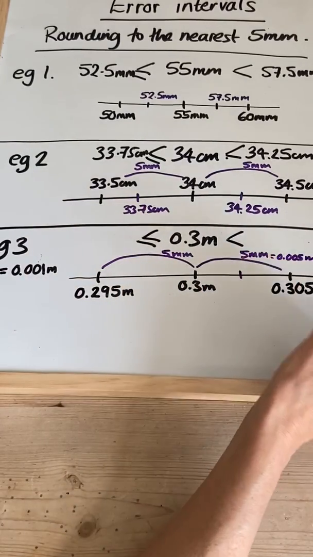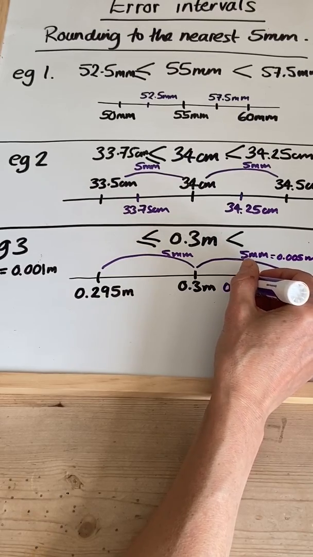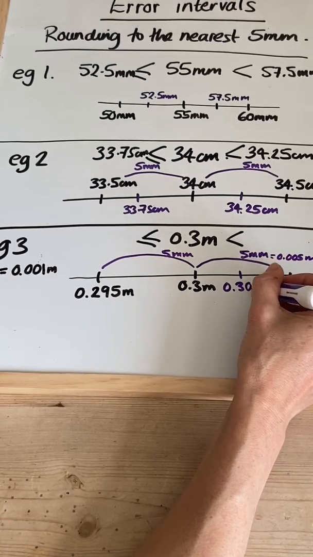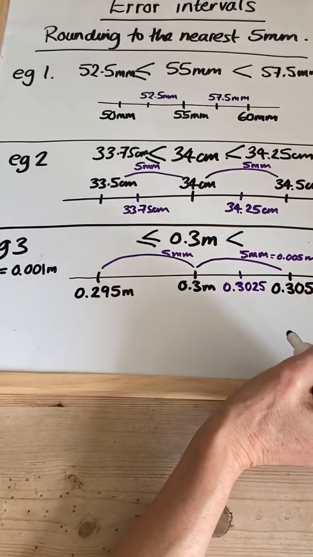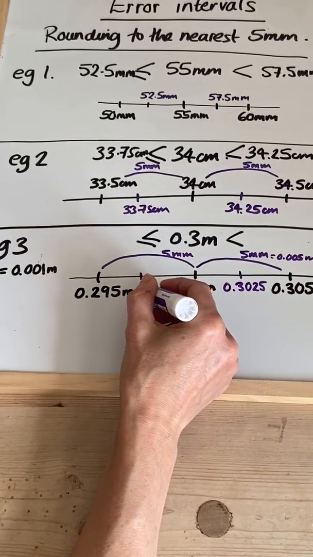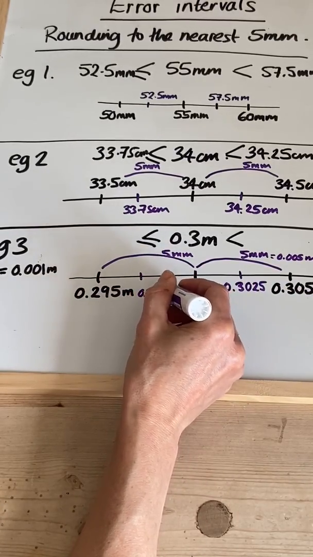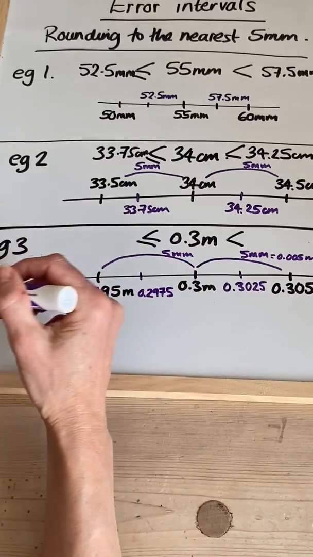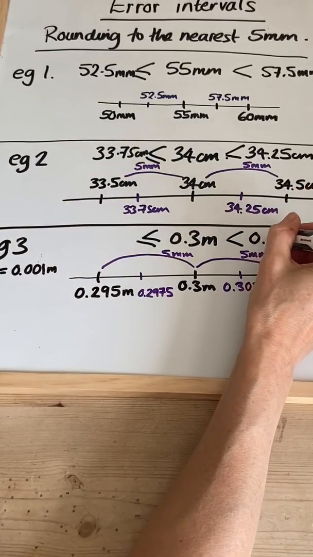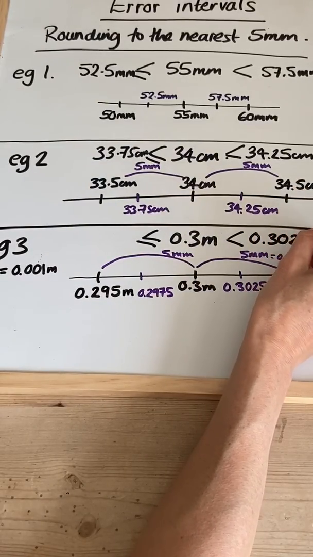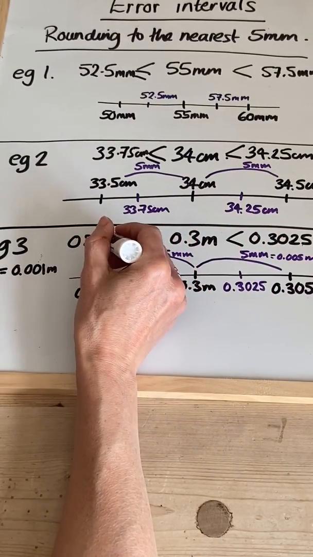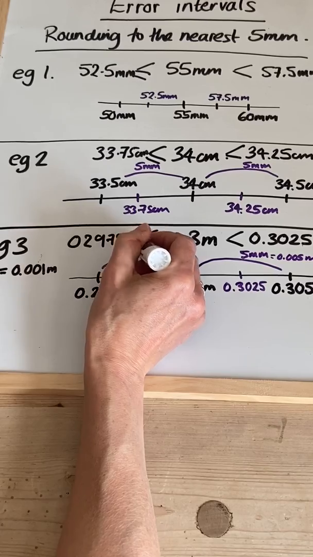So my halfway point here is going to be at 0.3025, and my halfway point of this one here is going to be at 0.2975. Quite a lot harder as you get to more decimal places, isn't it? So 0.3025 meters on that side and 0.2975 meters on that side.